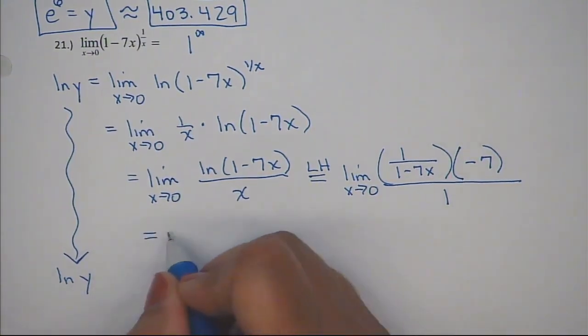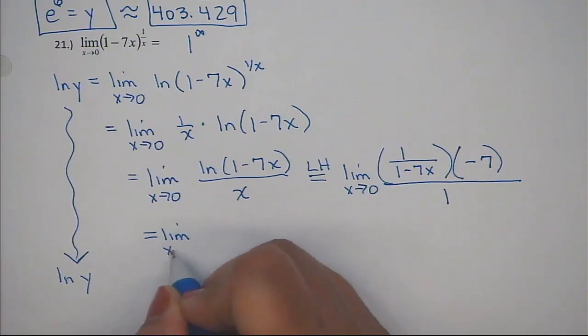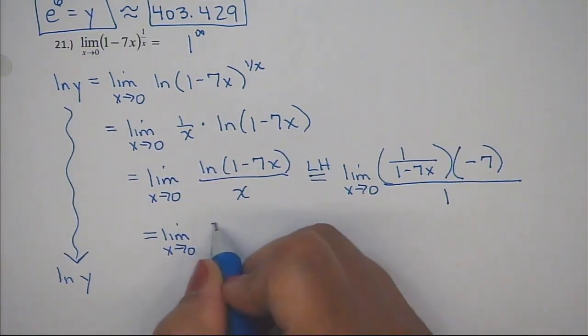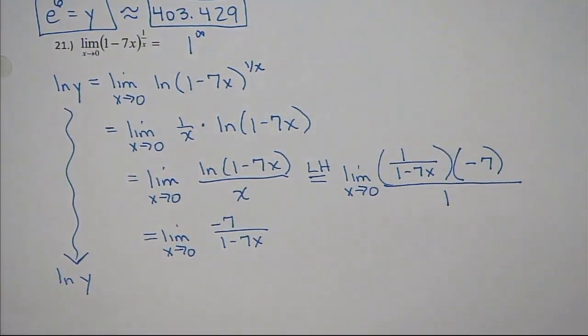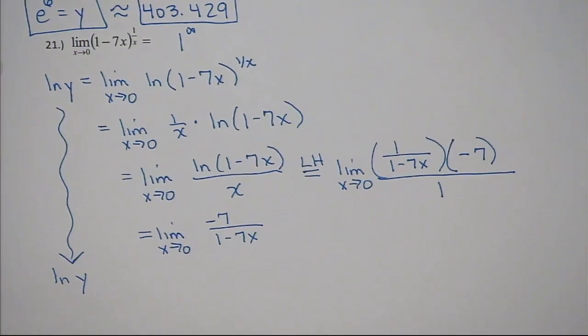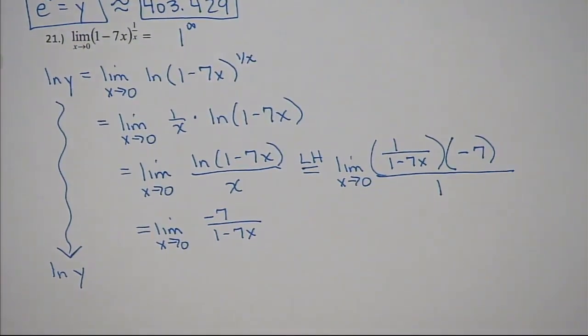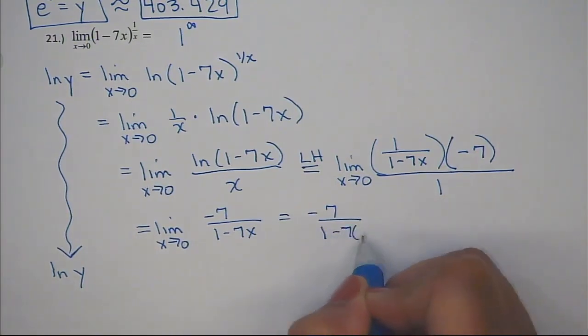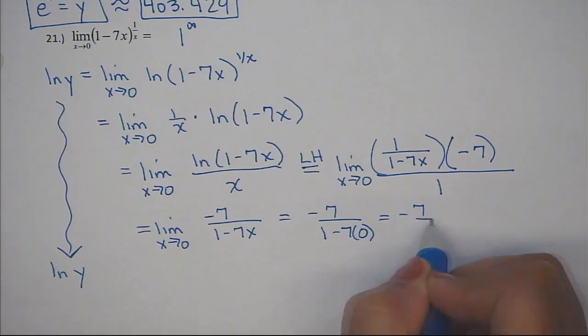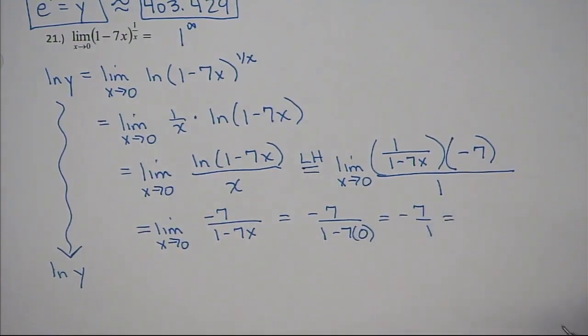Okay, so that simplifies to negative 7 over 1 minus 7x. And x is going to 0. So when we substitute that in, we get negative 7 over 1. Okay, 7 times 0 is 0. So negative 7. You've got to watch that sign.